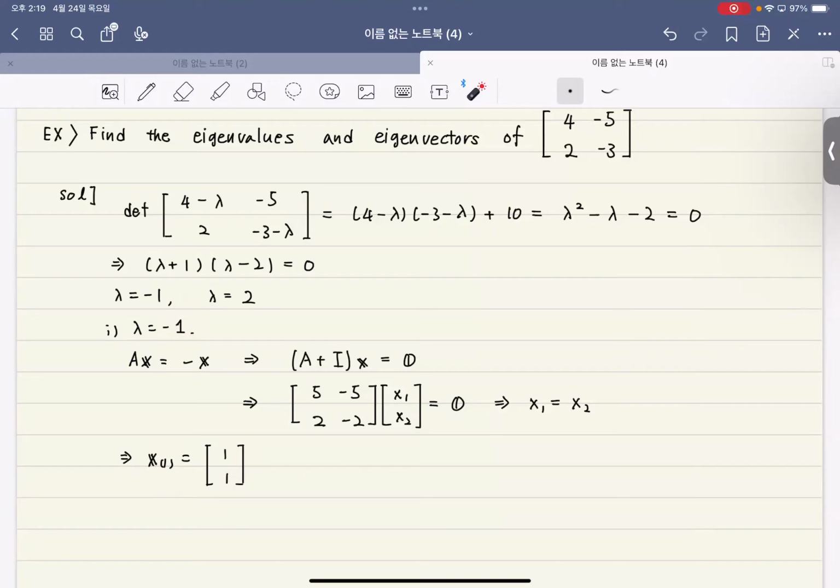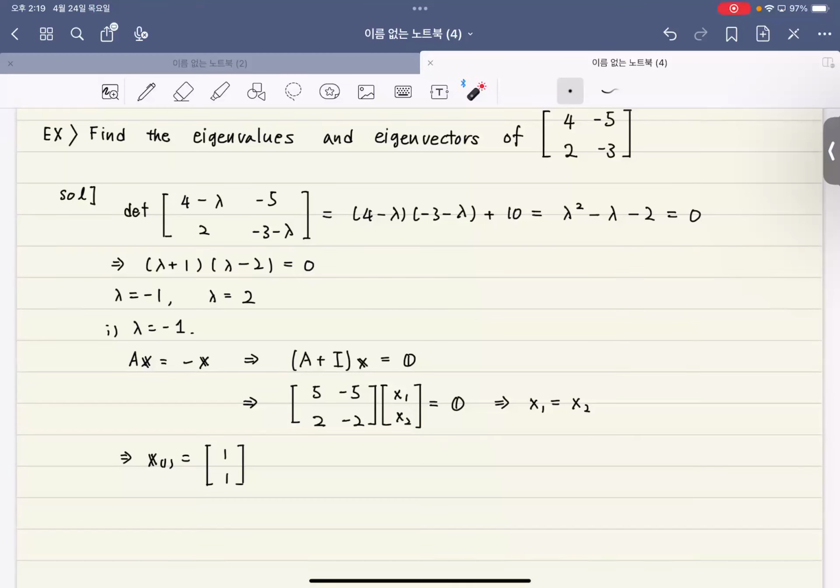However, if I say this is the eigenvector of this eigenvalue, then you should automatically consider that any multiple of this eigenvector is another eigenvector of the same eigenvalue.